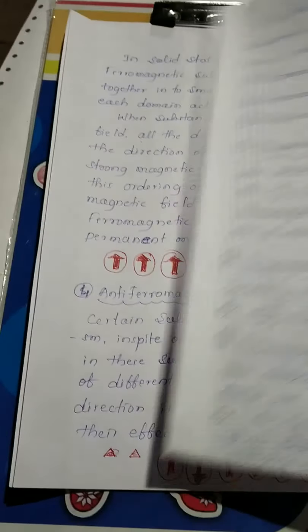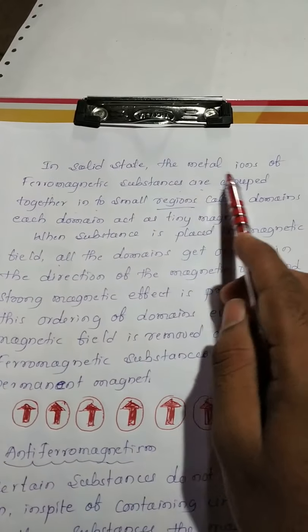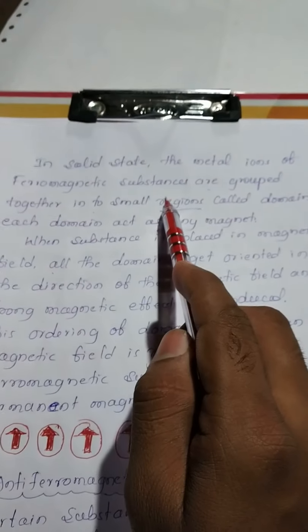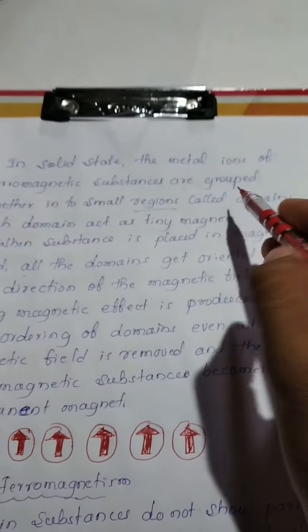Why? Because in the solid state, the metal ions of a ferromagnetic substance are grouped together into small regions called domains.